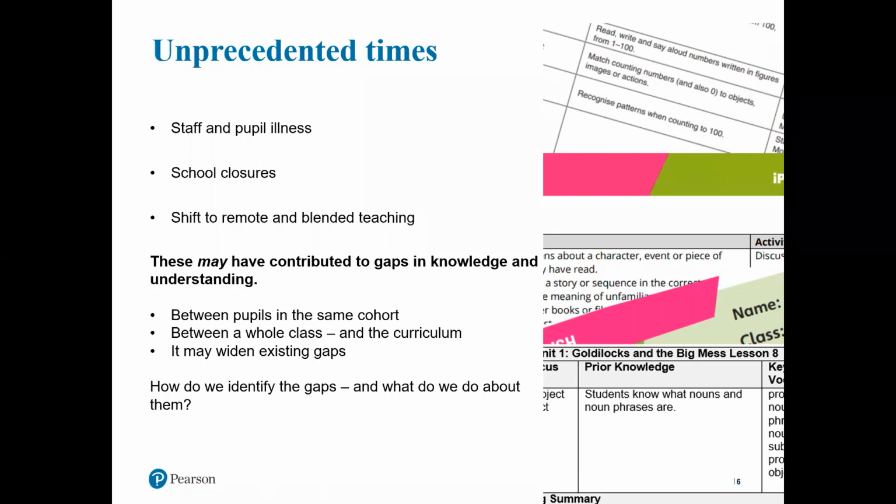And they very clearly state that support is going to be needed to help pupils, particularly disadvantaged pupils, catch up with where they should be. And although remote teaching has progressed rapidly in its scope and effectiveness, there does still exist gaps that might have developed during those first few months. And trying to investigate and address those gaps while not neglecting students' ongoing needs is the point of this webinar.